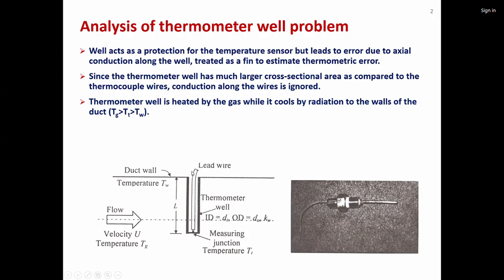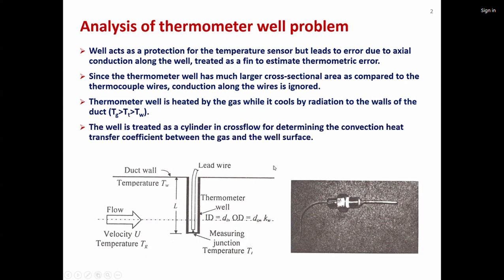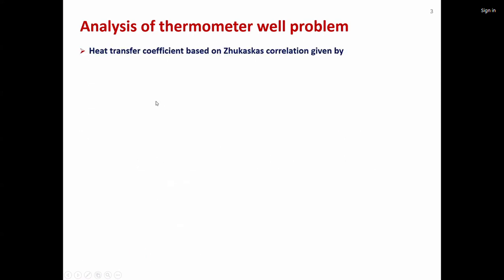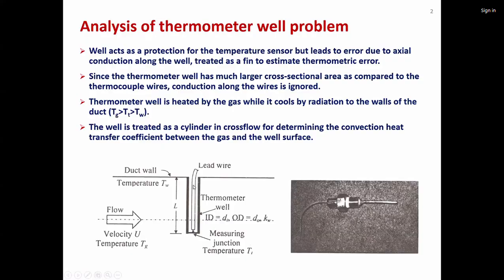But there can also be radiation heat exchange between this plug wall and the duct wall. So heat transfer wise, this is like a cylinder in cross flow. Okay, the cylinder is sticking in this direction, the axis is in this direction, the flow is happening in the perpendicular direction. So heat transfer wise, this situation is similar to a cylinder in a cross flow scenario.